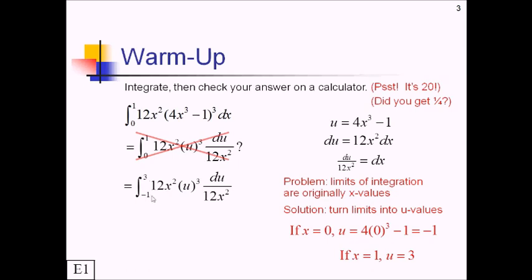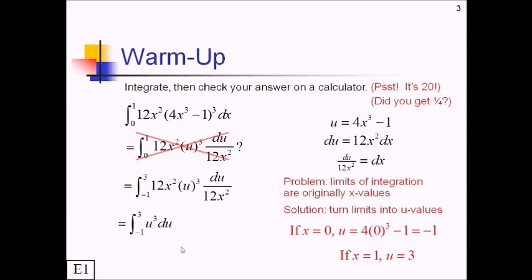And now that I've turned these into u values, I'm just going to go ahead and finish the problem and get u isolated here. So I've got 12x squareds that can cancel, leaving me beautifully with just u cubed du. Taking my antiderivative now, this is going to be 1/4 u to the 4th.